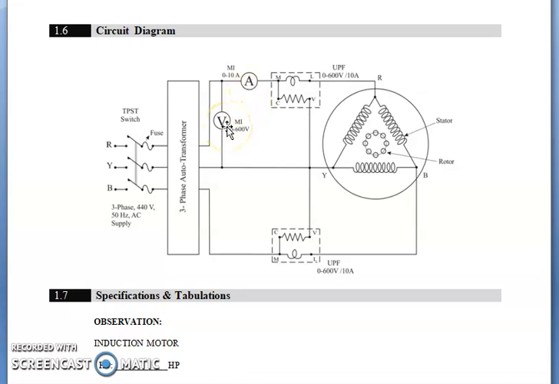Then this voltmeter is used to measure line to line voltage, and two wattmeters are used to measure power, as the machine under test is three phase.